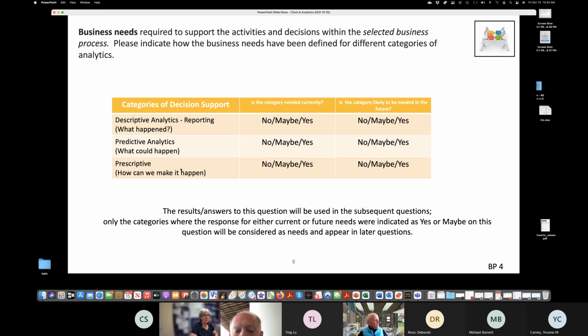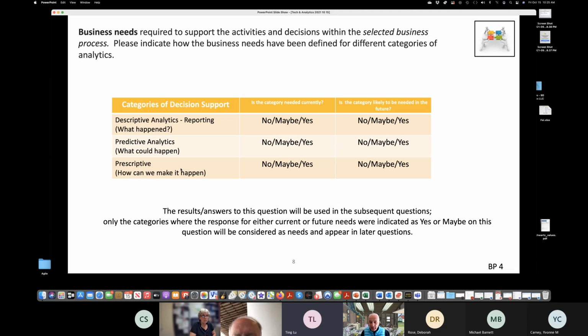The second one is predictive analytics that has some models in them and says what will or what could happen. And the third one is how do you make it happen, which includes automation. So are we trying to automate something? Are we trying to just give people reports on what has happened? Or are we trying to have some tools to tell people, if you do this capital program, what is it going to do to your rates or whatever.